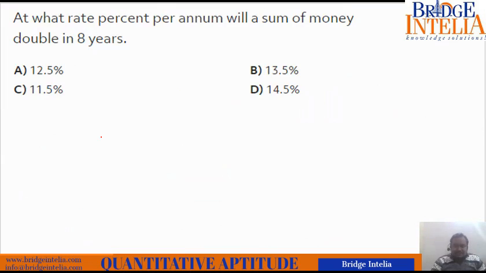So let's see, at what rate % per annum will a sum of money double in 8 years? This being a case of simple interest, it means if you deposit P, that means you give 100% to the bank, you expect that the bank returns you double the amount.